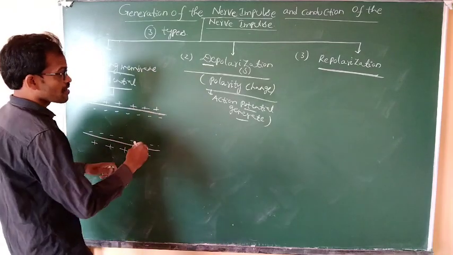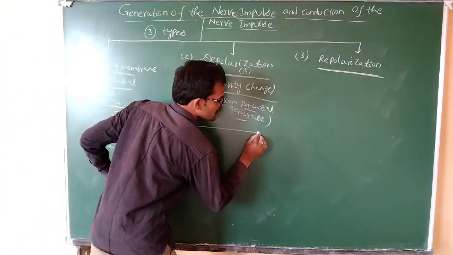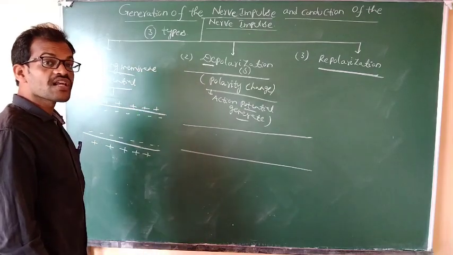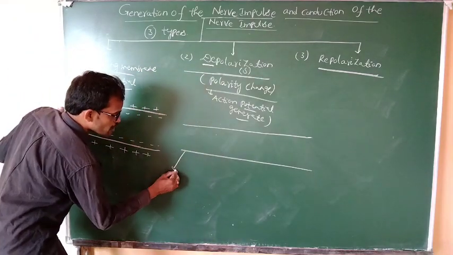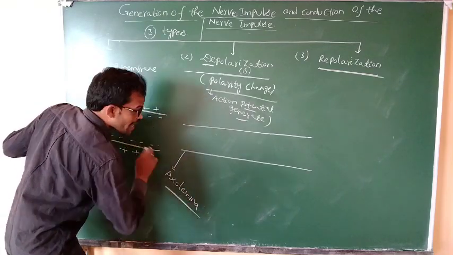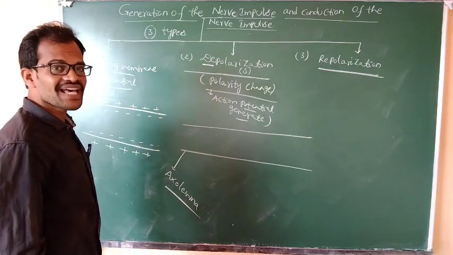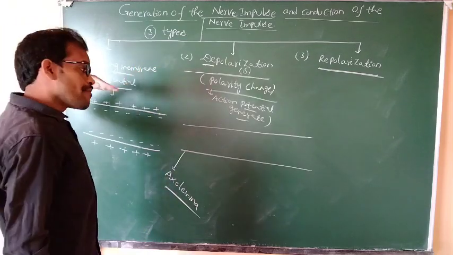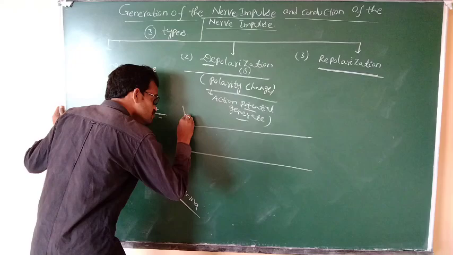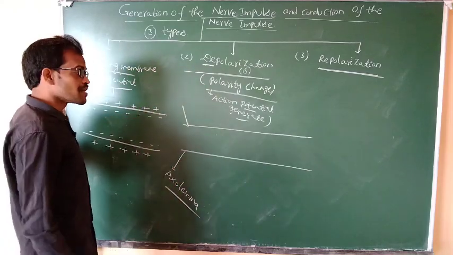If you observe the depolarization condition, this is the axolemma, the entire axon membrane. The nerve impulse passes along the entire axon membrane once it receives a stimulus.